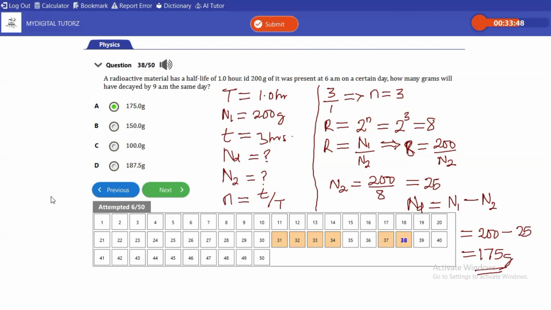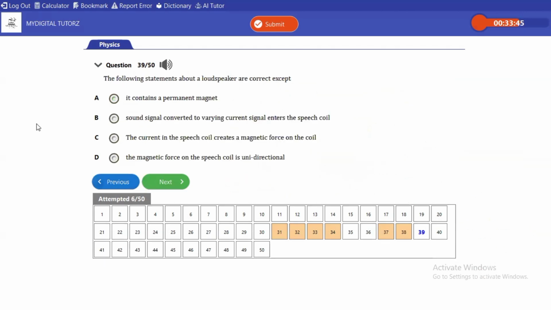Question 39 says, the following statements about a loudspeaker are correct except one. A, it contains a permanent magnet, which is correct. B, the sound signal is converted to a varying current signal that enters this, correct. Option C, the current in the speech coil creates a magnetic force on the coil, which is correct.